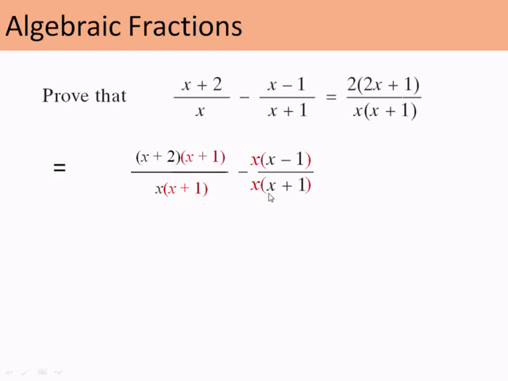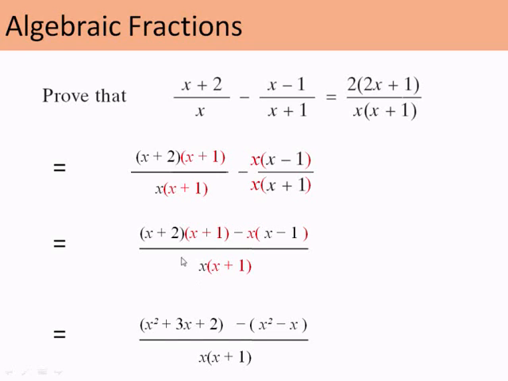And having done that, they've both got the same thing on the denominator: x times x plus 1 at the bottom. And because they've both got the same denominator, we can then combine them into a single fraction. And then we can tidy this up a bit by multiplying those brackets out.